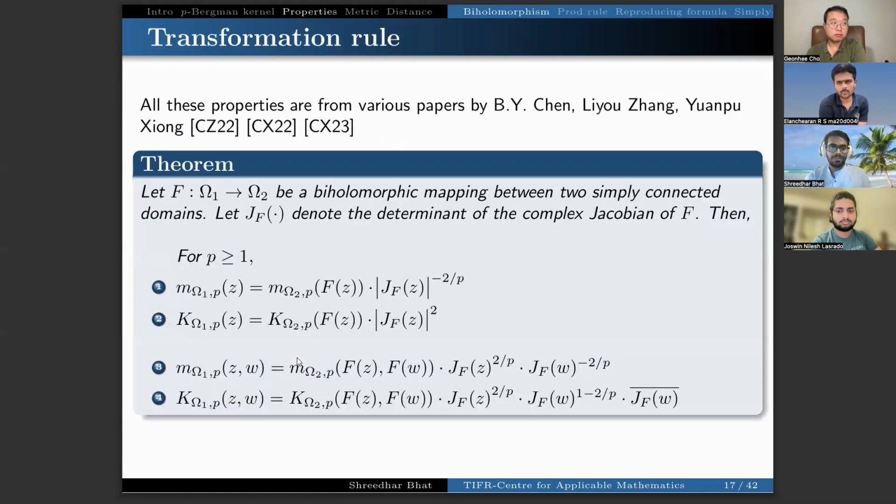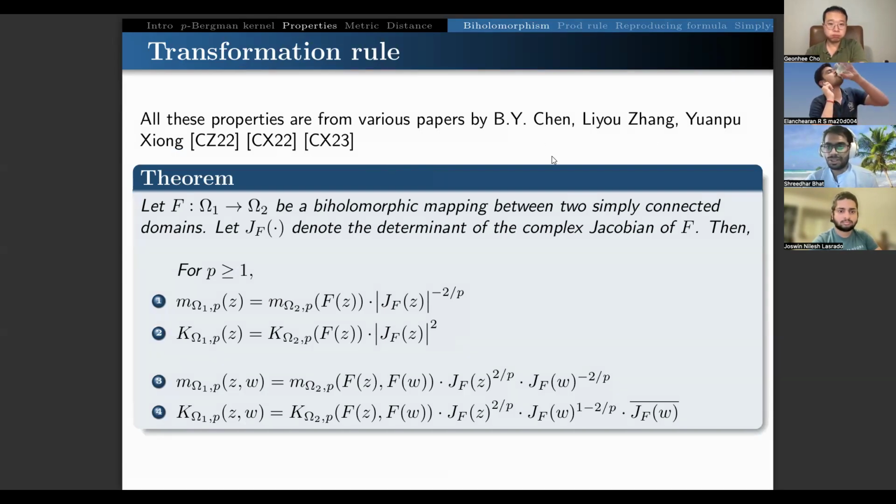Now I talk about some properties. All these properties are from various papers of these authors. First one is the transformation rule under biholomorphism. If you have some biholomorphic mapping from omega 1 to omega 2, but we are restricting that it be from simply connected domains only.